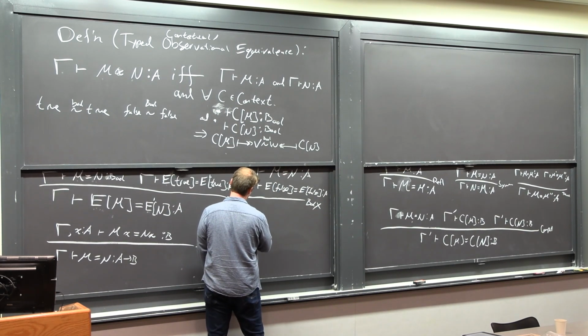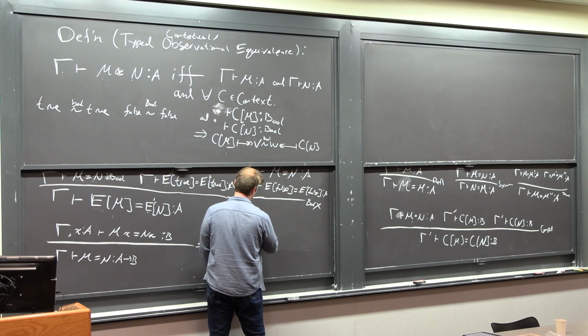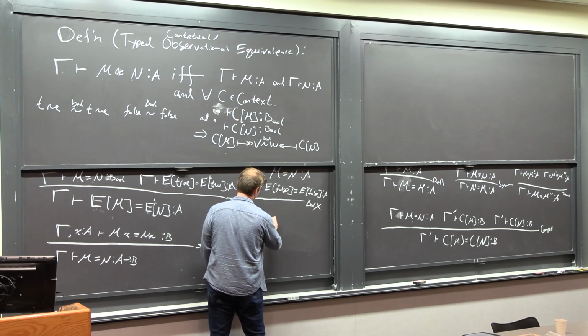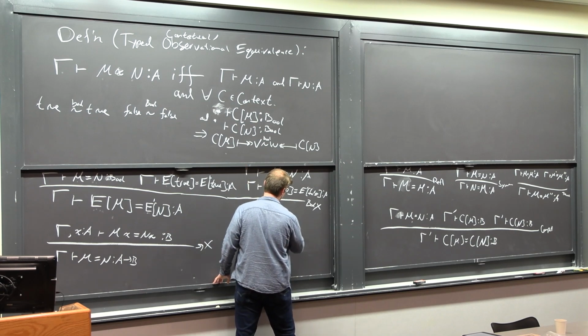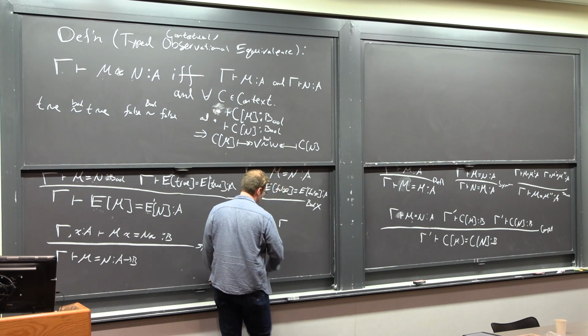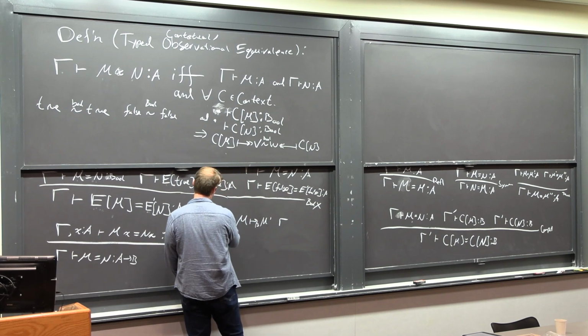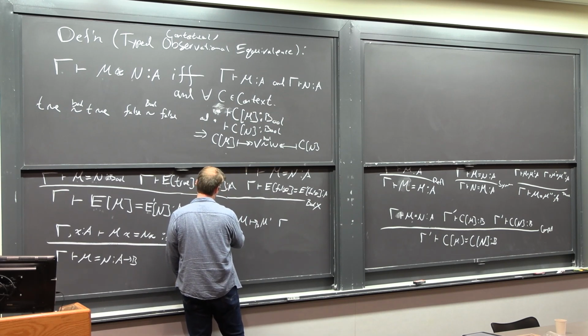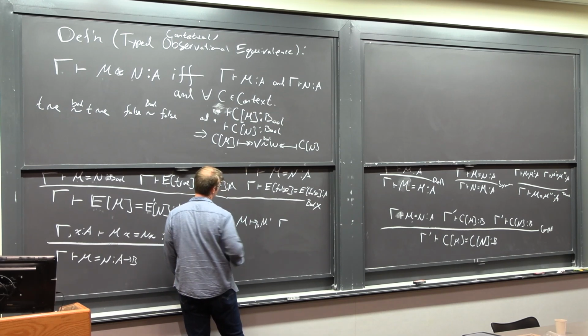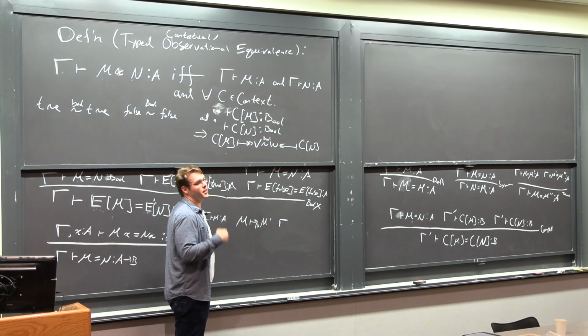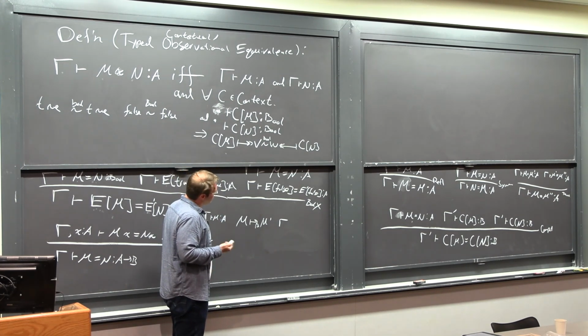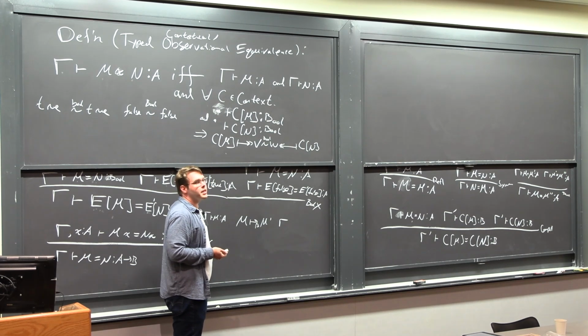If m takes a step to m prime, and there's different ways you could write this. So what do I need to know? I need to know that I start at some well-typed m, and then I take a step, and I need to land somewhere well-typed, right? Technically, I probably proved preservation, which is what this is useful for, but you can also just add it as a premise.